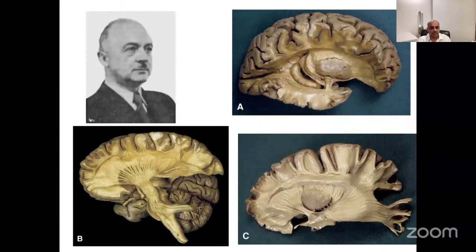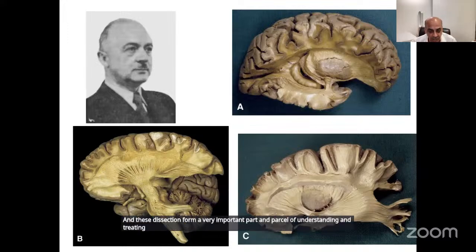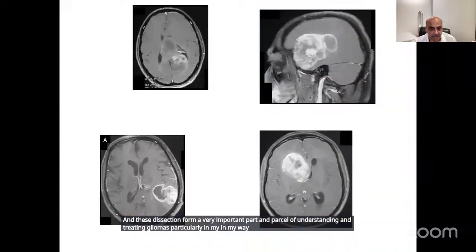Klinger is one gentleman who did very beautiful fiber dissections of the brain, and these dissections form a very important part and parcel of understanding and treating gliomas, particularly in my way, as I'll describe.